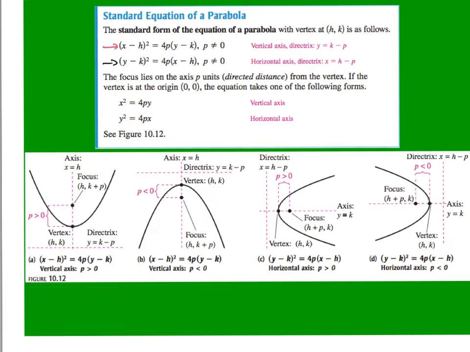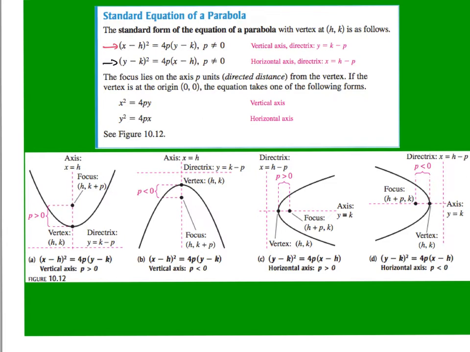If from your vertex to your focus your P is negative and it's an x squared, it goes down. If we have a y squared and my P is positive, it goes to the right. And if I have a y squared and my P is negative, it goes to the left. So what is P again? Your distance between your vertex and your focus.